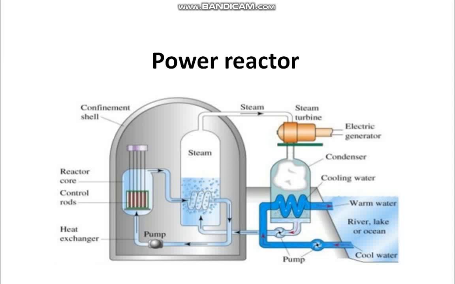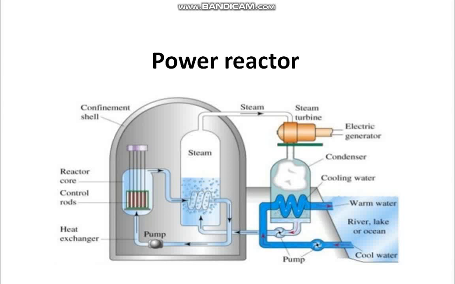Its function is to slow down the neutrons from the high velocities and hence high energy level which they have on being released from the fission process, so that the probability of a neutron hitting the fuel rod increases. The main moderators used are heavy water, that is D2O, graphite and beryllium.